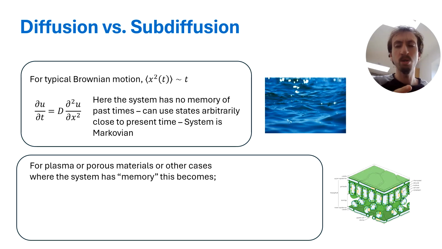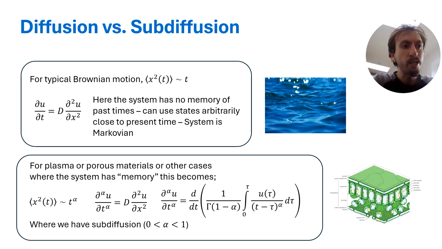So subdiffusion is very common in nature. Porous materials generally are very useful, and plasma is obviously very common in things like stars and other incredibly hot objects.